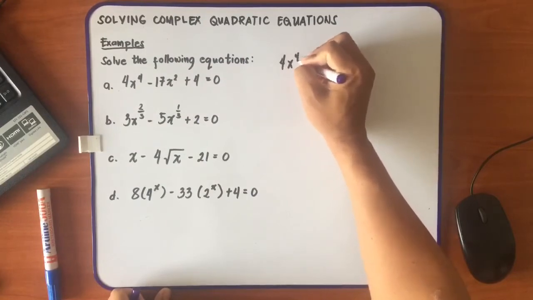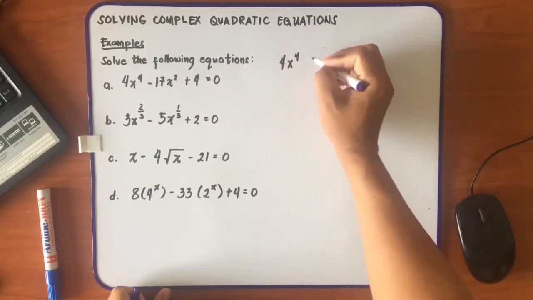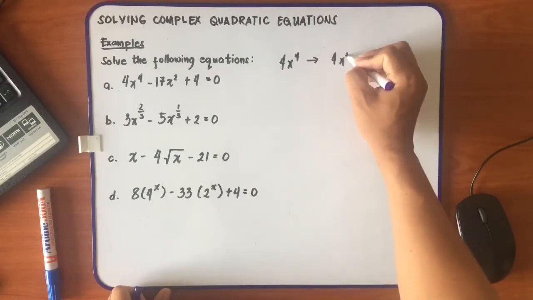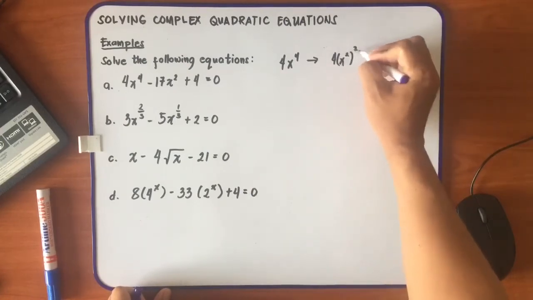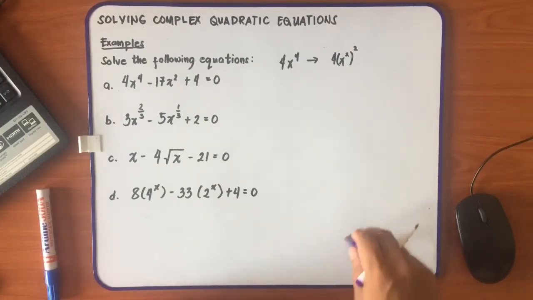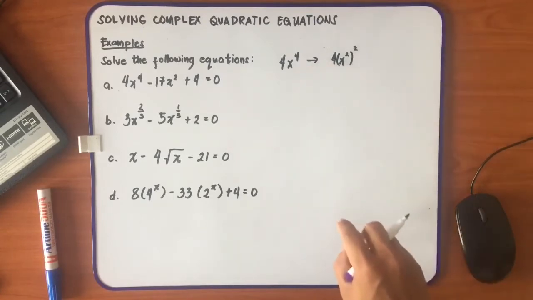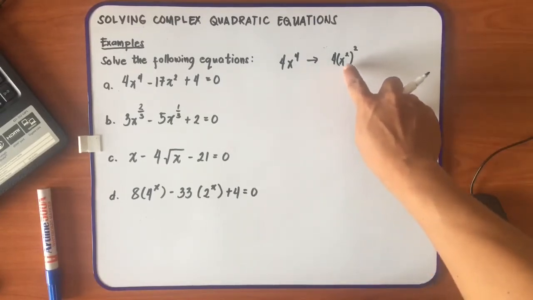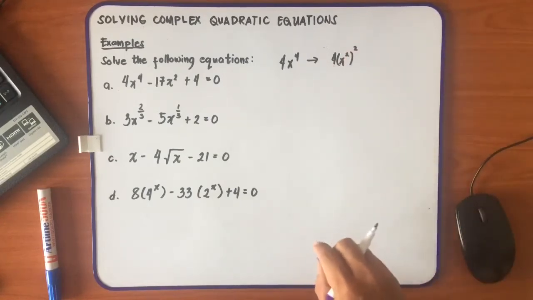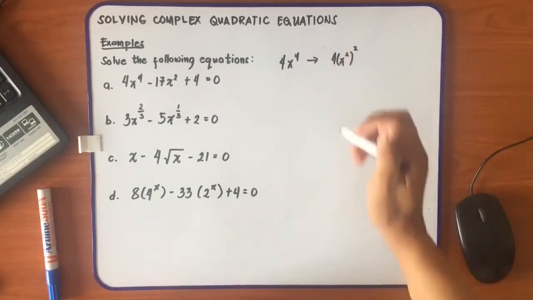Remember, 4x to the power of 4 can also be written as 4x to the power of 2 to the power of 2. Okay? I hope that I made myself clear with this. Why? 2 times 2 is 4. Remember your rules.